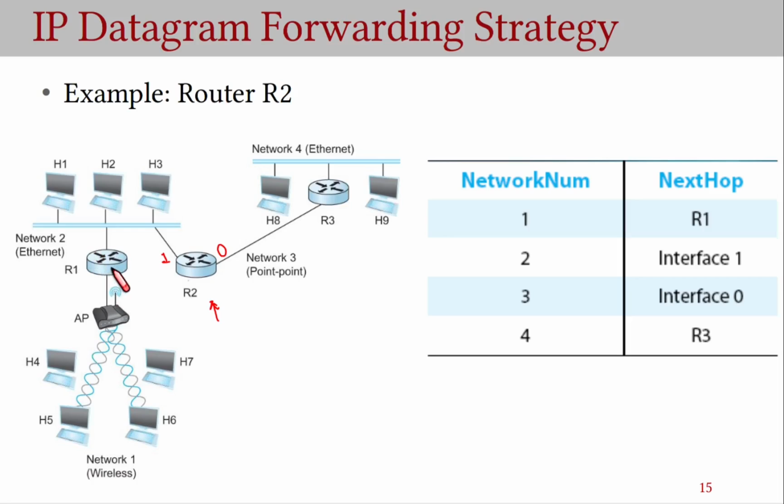Then router R1 is going to forward it to R2. In the forwarding table of R1, the entry would be network number 4, and then send to router R2. Then the datagram comes to R2. Because H8 is in network 4, R2 is going to forward to router R3, and router R3 will see that it's directly connected to that network, so it's going to forward it to H8.